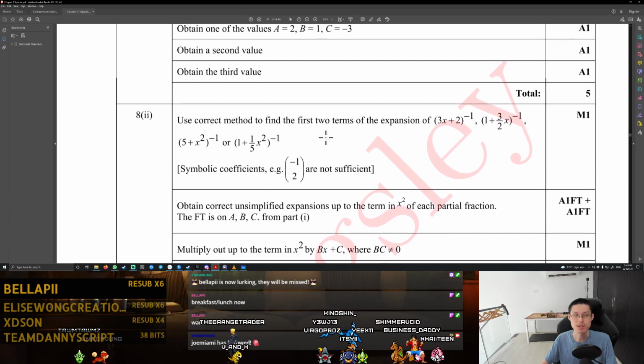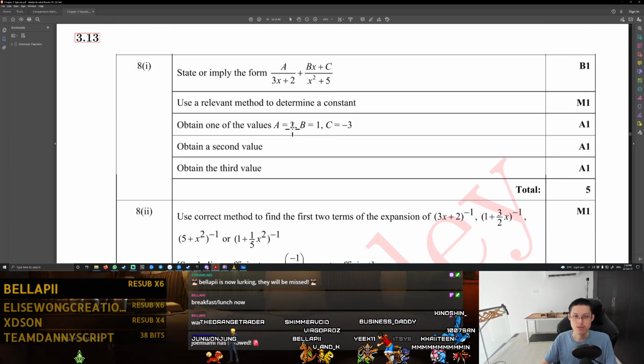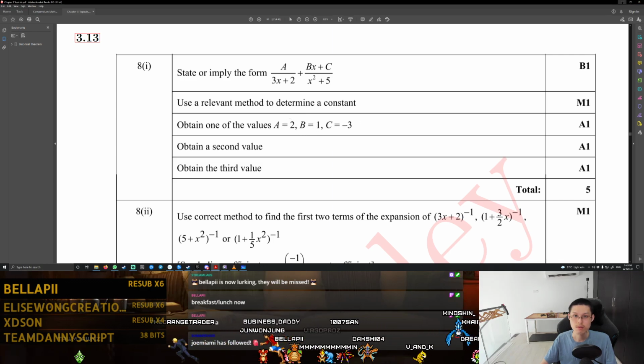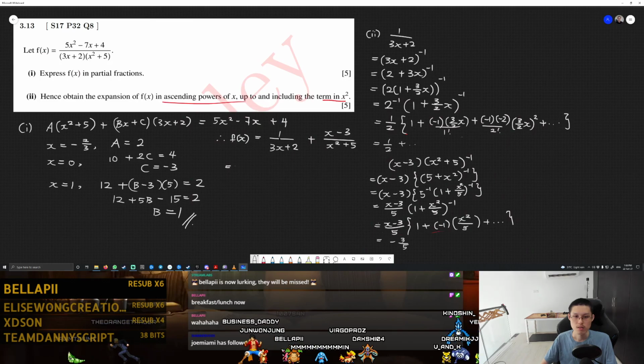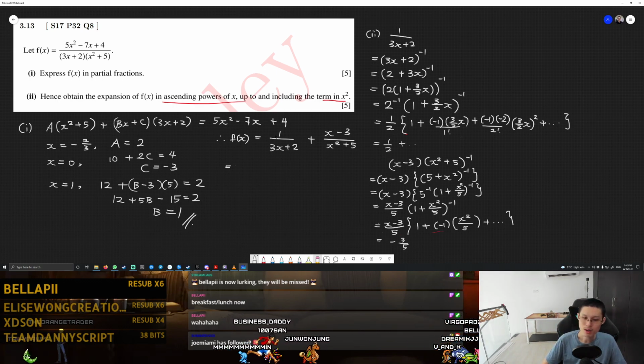What? Wait, let me check my partial fraction again. We have A is 2, 2, 1 minus 3. Wait. Oh, this is 2. Why did I put a 1 there?